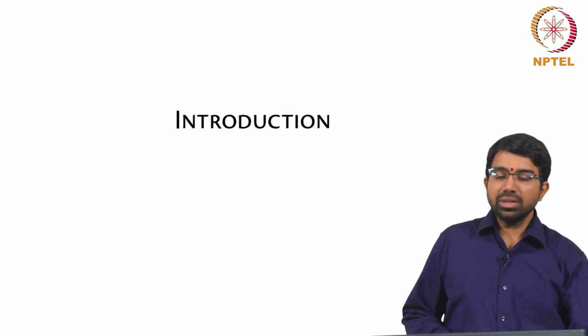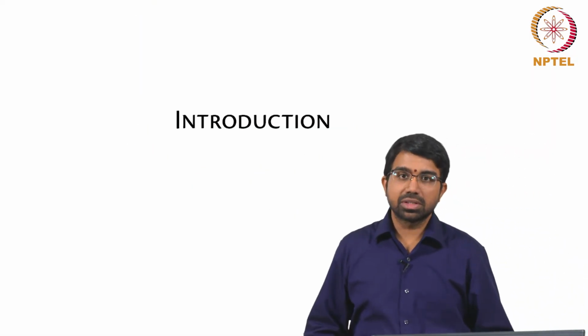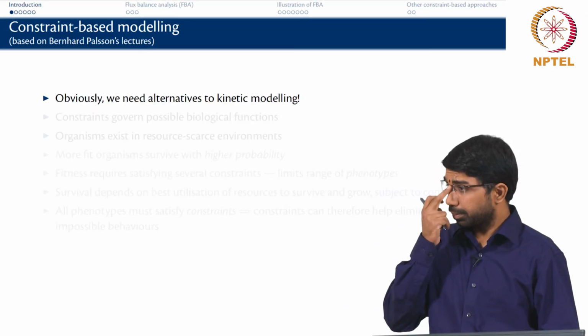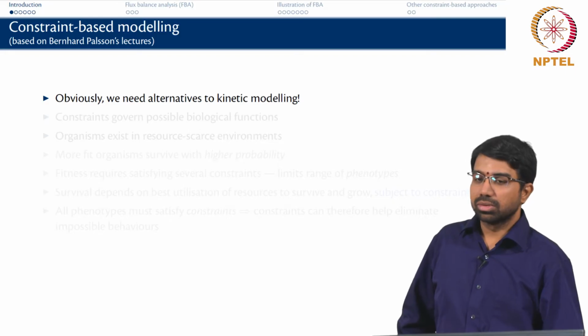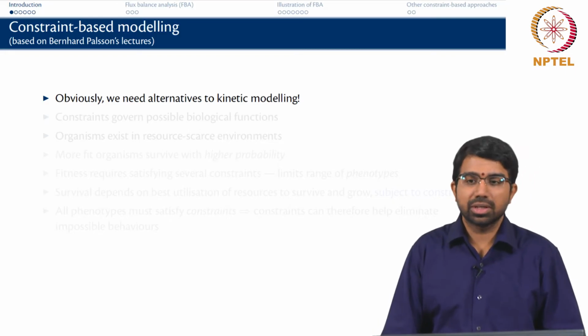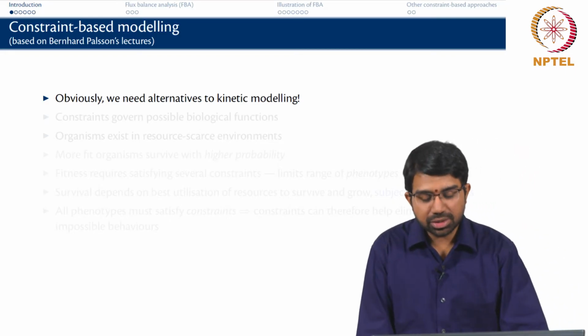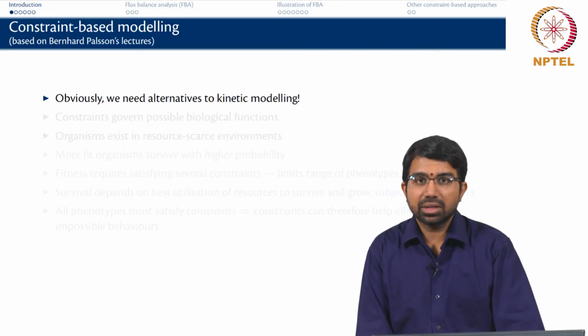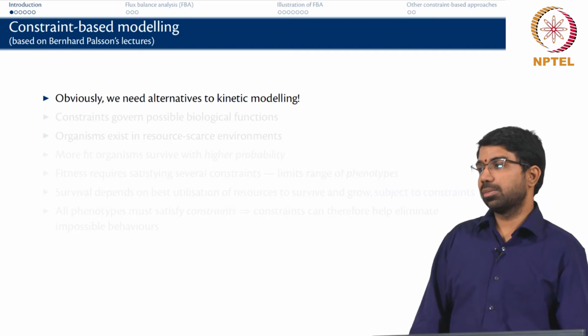So, I think one thing that you may be convinced with already is that we need alternatives to kinetic modeling, right. So, why would we need alternatives to kinetic modeling? The key thing I want you to hit at right away is that kinetic models involve a very large number of parameters.